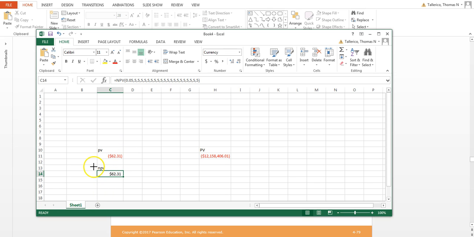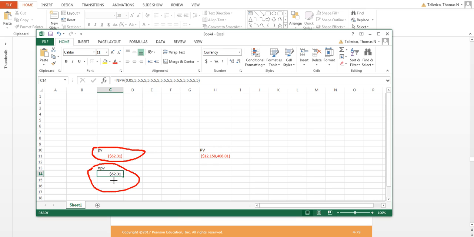So basically, this is turned into a positive number, such that net present value does the math correctly, and over here you can see that present value leaves it at negative, because they're not going to subtract anything. So once again, you do get the same answer, but one is left negative and one is left positive, for that subtracting of the initial investment.